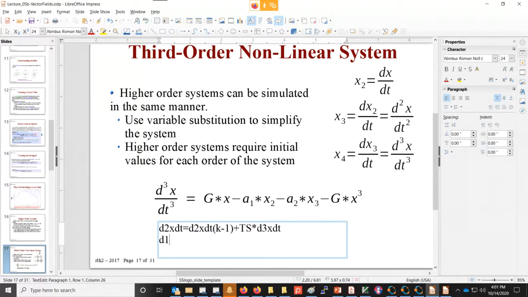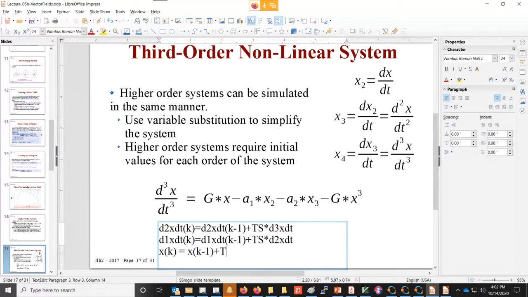But so then I'm going to do the first derivative is equal to the first derivative, that should be a k, plus the time step times the second derivative. And then my final value, finally, x is simply equal to x of k minus 1 plus the time step times the first derivative.